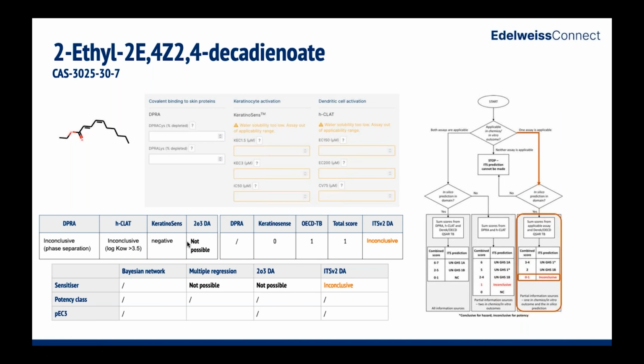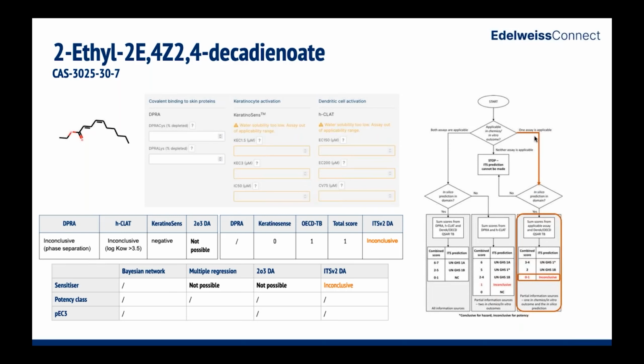So here we cannot use 2 out of 3 defined approach because we have only one result, and using ITS V2, 0 was the score contribution from keratinosense, and there was a structural alert in OECD toolbox. So the total score was 1, and for ITS V2, this decision tree is followed like this.